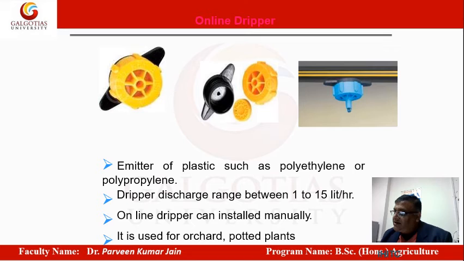These are typical drippers, the types of drippers which are normally used, and they are online. You can see how these are fixed, and when the water passes through them, it slows down, because the water comes in these pipes under pressure, and these drippers have the main role of slowing down the water speed.